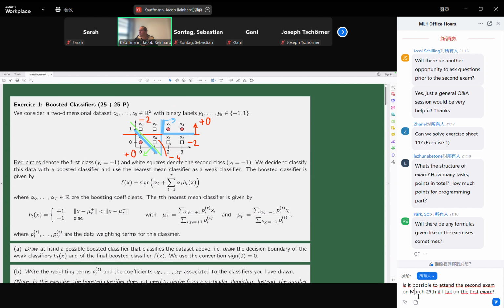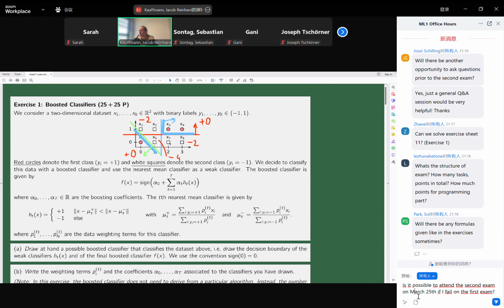I'll send you the link, but these are Gedankenprotokolle. These are not official exams. But at least the structure is basically the same.